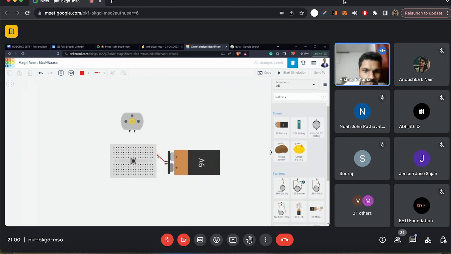I'm connecting the negative terminal to this pole, changing the color. And I'm connecting the positive terminal to the switch. If I connect here, it will be connected to the switch, right?